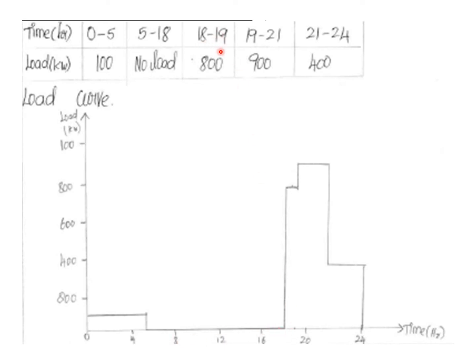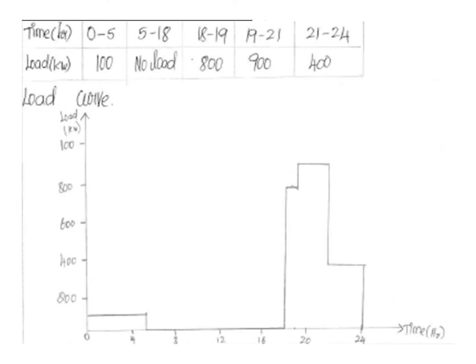Then 18 to 19, 800 megawatts, and 19 to 21, 900 megawatts. Then 21 to 24, the load value is 400, so it drops to 400 megawatts. So that is the load curve.